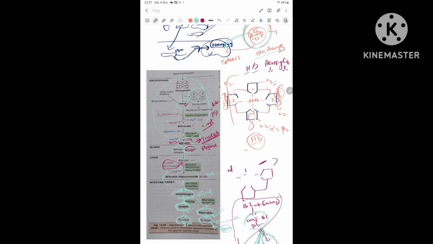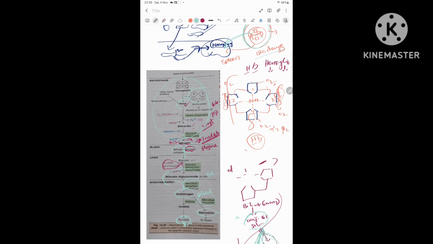Bilirubin diglucuronide will enter into the intestine, and by the intestinal microbial enzymes it will be converted to urobilinogen. This urobilinogen in the kidney will be converted to urobilin, and this urobilin will finally be excreted into the urine. The same urobilinogen, by further action of the microbial enzymes, will be converted to stercobilin. This stercobilin will be eliminated by the feces.